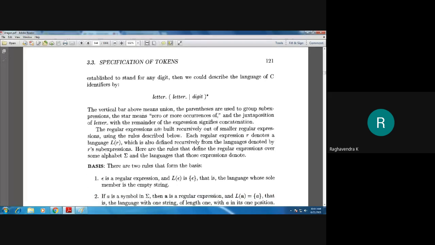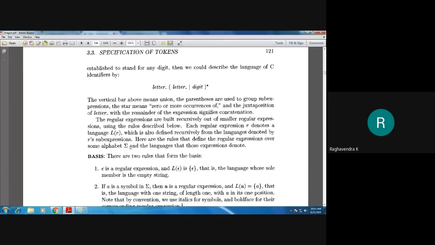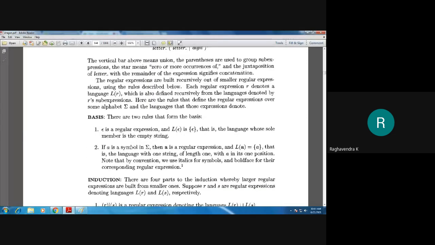Regular expressions are built recursively out of smaller regular expressions using the rules described below. Each regular expression denotes a language L of R, which is also defined recursively from the languages denoted by R's sub-expressions. We shall look into the rules of framing the regular expression first, and then a few examples.